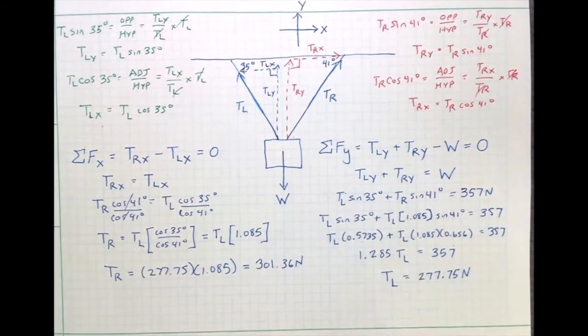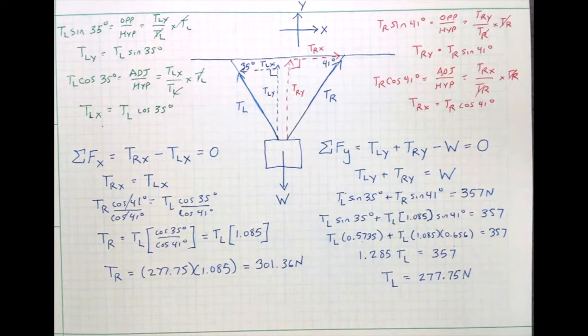Notice that indeed TR is greater than TL, as we discovered earlier on. So the answers to the questions are: the right-hand tension is greater than the left-hand tension, and the individual tensions are: the tension on the left is 278 newtons, and the tension on the right is 301 newtons.